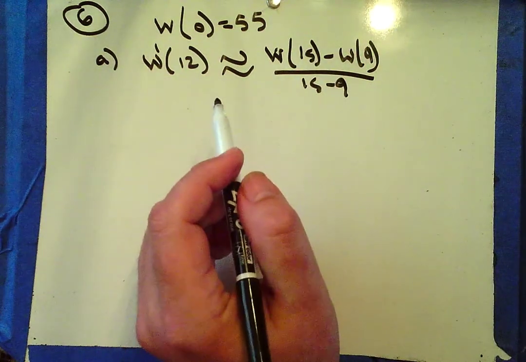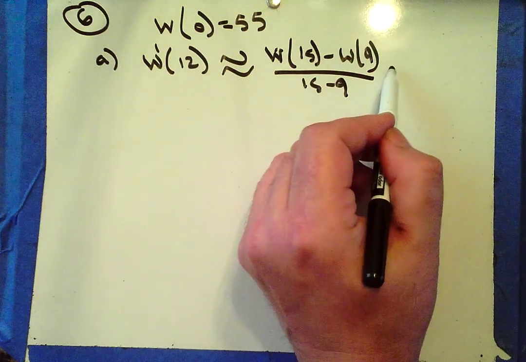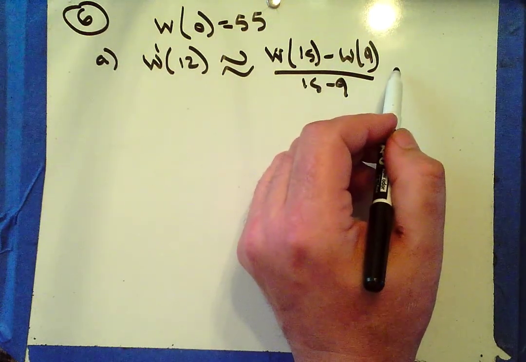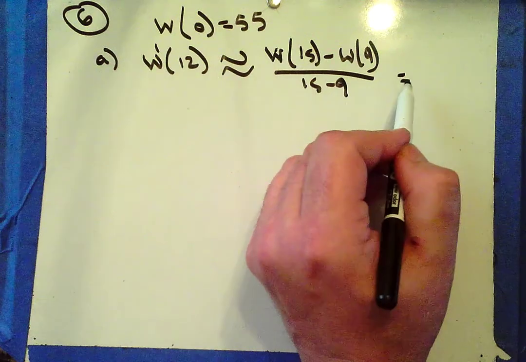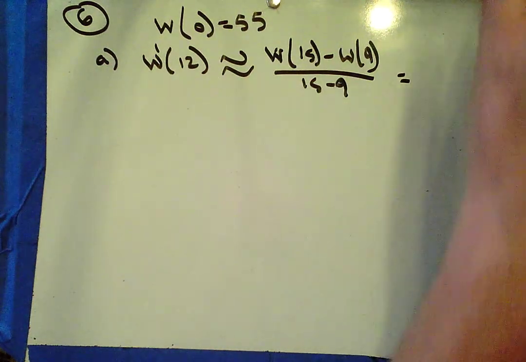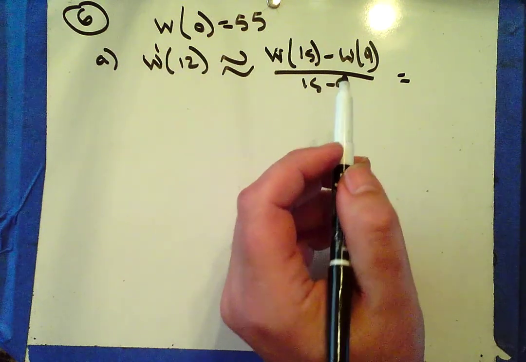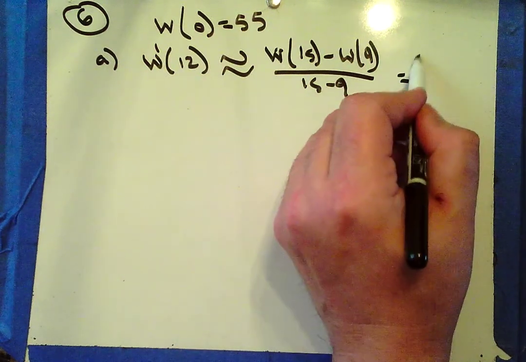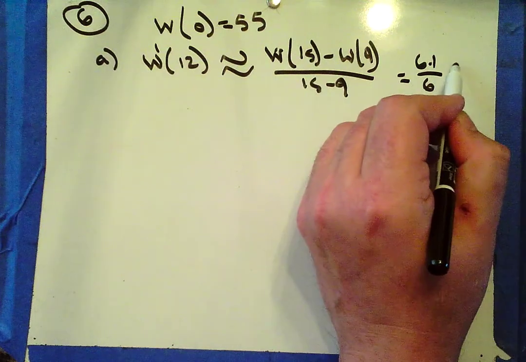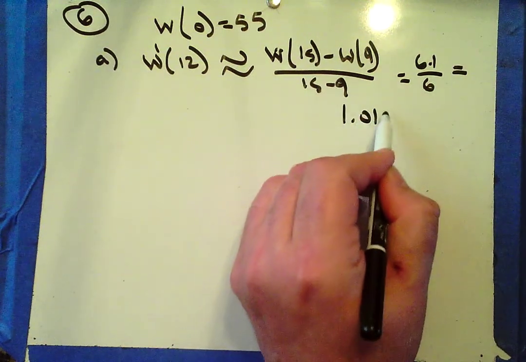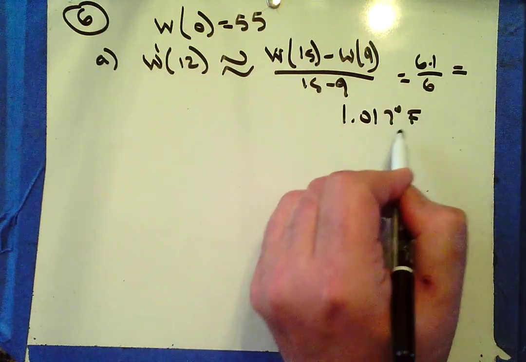Okay, and this problem is with calculator, so I pull out my calculator and I get 6.1 over 6, or 1.017 degrees Fahrenheit.